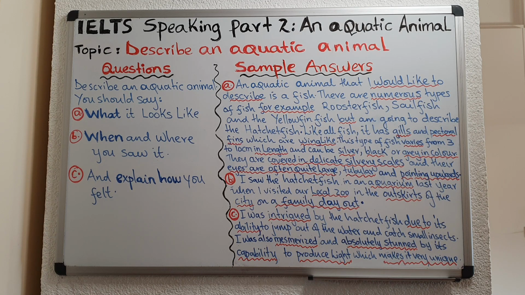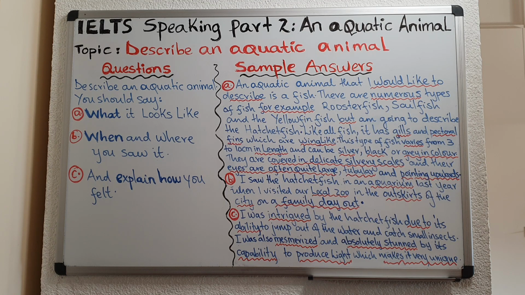There are different kinds of fish. You can also say that. For example, that is a linking word, roosterfish, sailfish, and the yellowfin fish. But I'm going to describe the hatchet fish. Now you can also say an aquatic animal that I would like to describe is the hatchet fish.